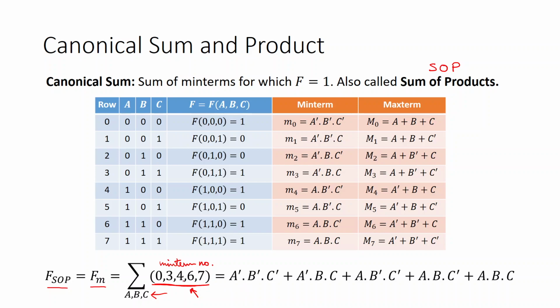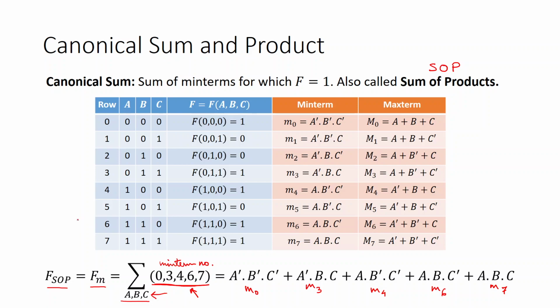By looking here and understanding how many input variables there are, you can write down the expressions for the min terms. This is for min term 0, this is for min term 3, this is 4, this is 6. I have written in order. Okay, 7. We simply write down the expression. So now you get an expression of logic variables. This is where we wanted to come.